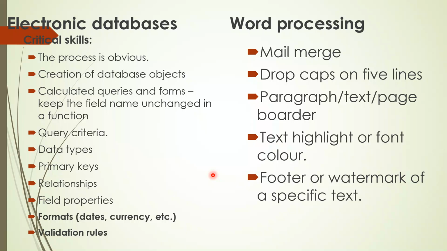You have to change different data types. You have to put a primary key. At times, you have to practice with relationships and how to format different field properties, say, to put currency symbol, to change the date formats, to have validation rules and validation text.